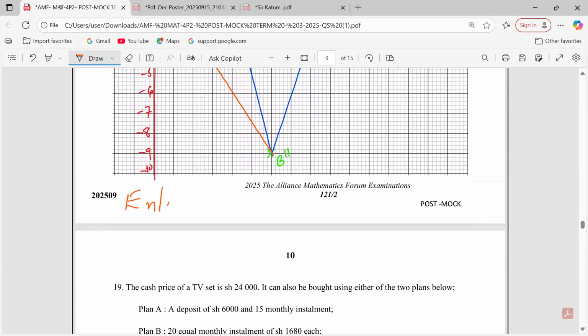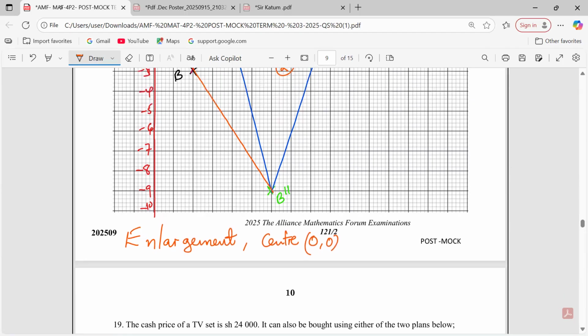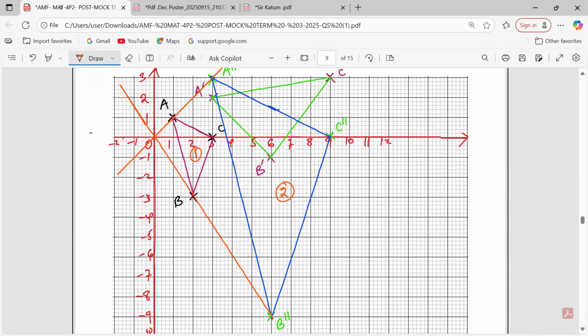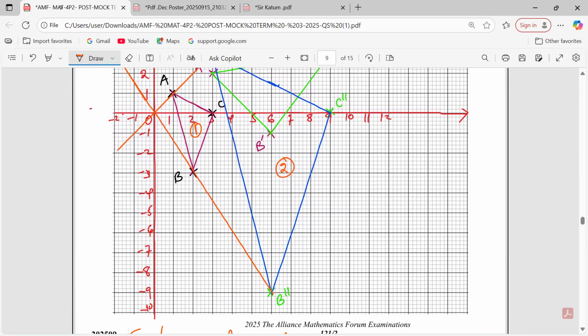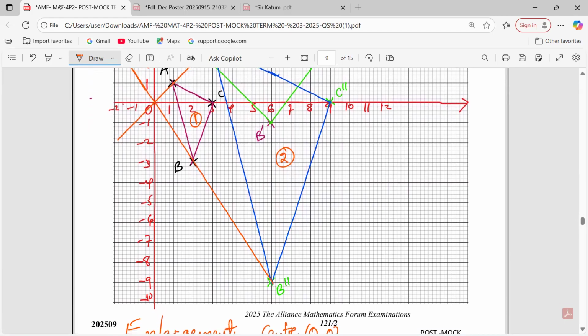We mention the nature: enlargement. Center 0, 0. That is the origin. Then the scale factor. We consider the distance from the center to the image, and we divide it by the distance from the same center to where the object was.